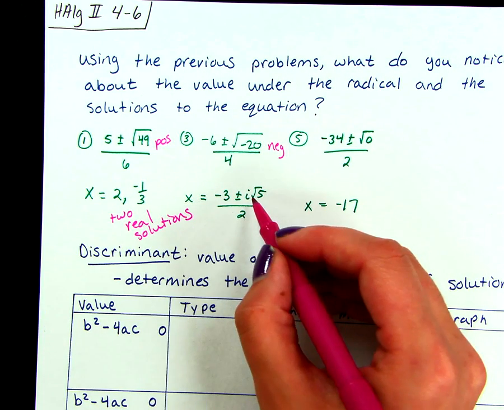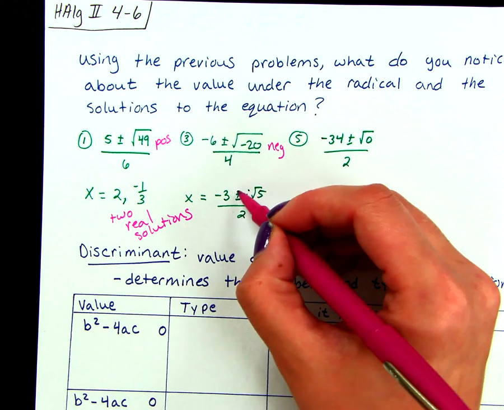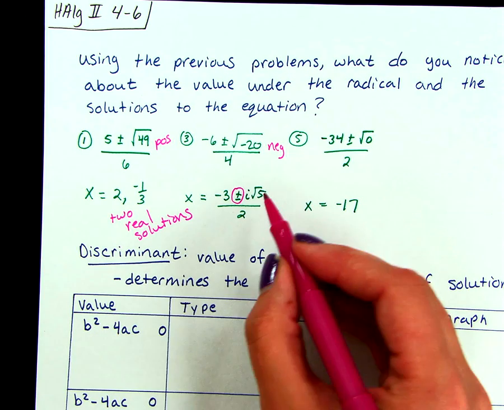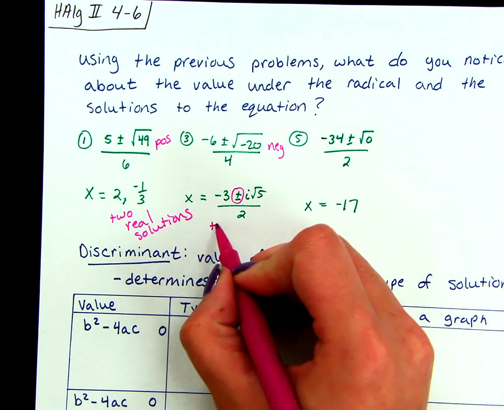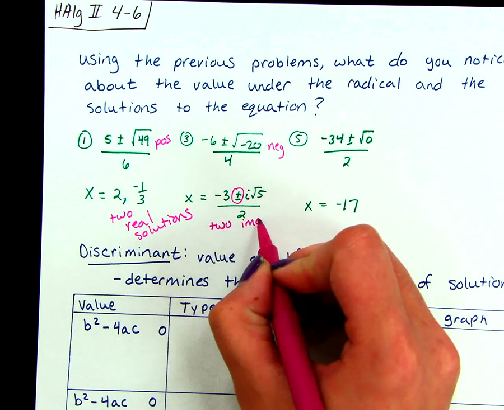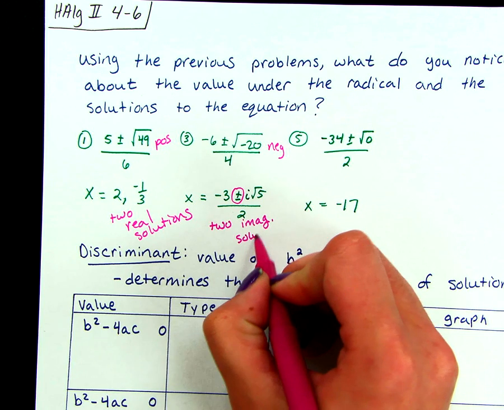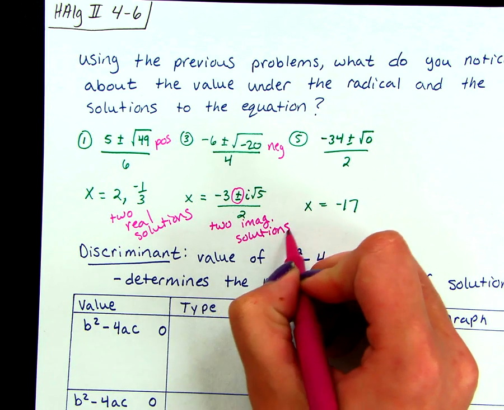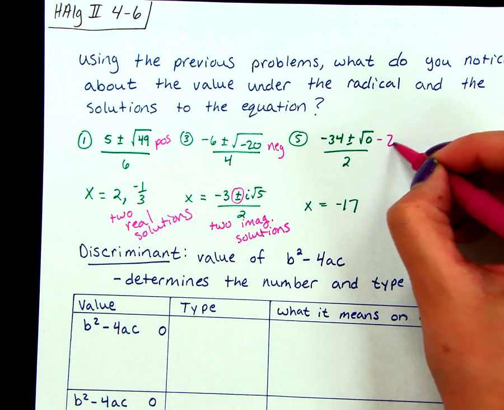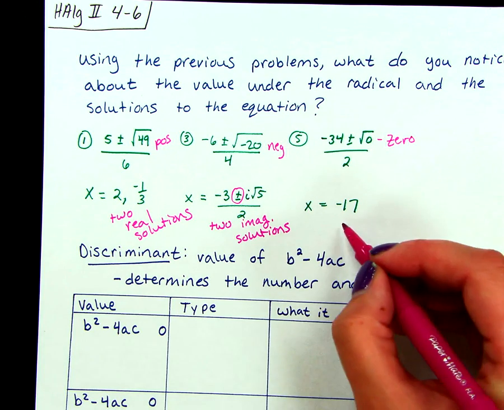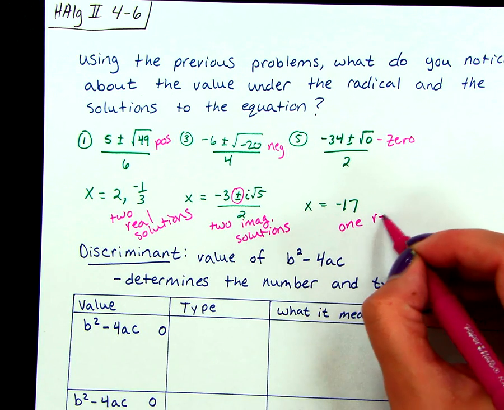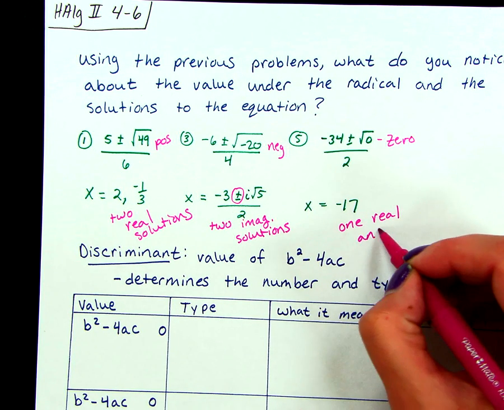I know I have 2 because of the plus minus here, and I have an i, so that means that I have 2 imaginary answers. And if we look at our last one, underneath here we have 0, and I have 1 real answer.